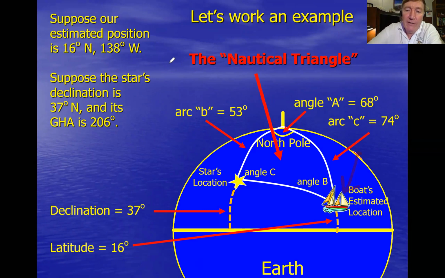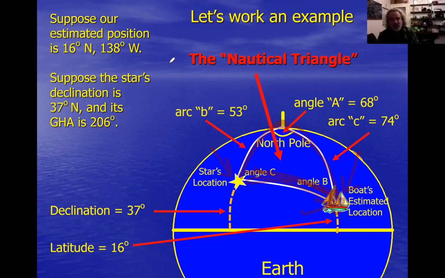And so if you take this point on the globe, you can draw the nautical triangle here. And you can calculate the distance from the star's GP to this point that you drew on the globe. You can calculate that distance with great precision. So do you agree that that is something that you can calculate to a high level of precision?